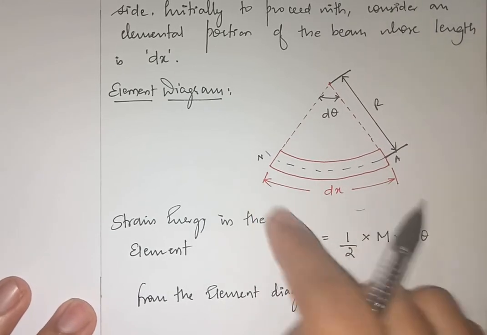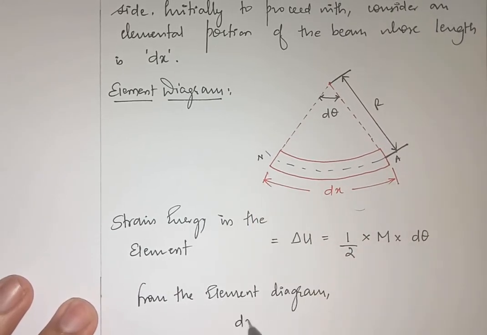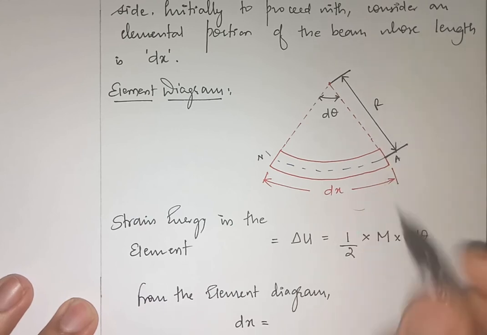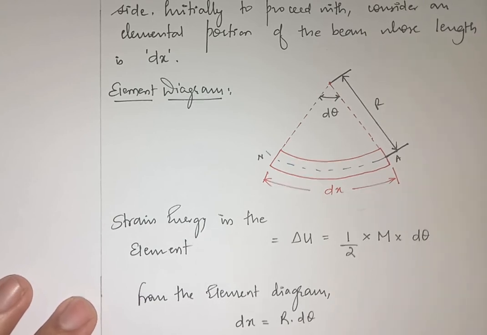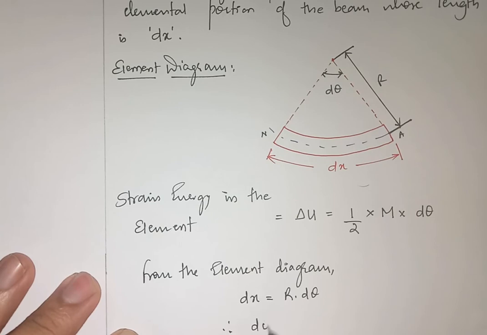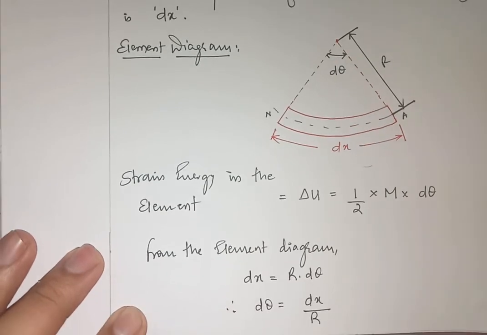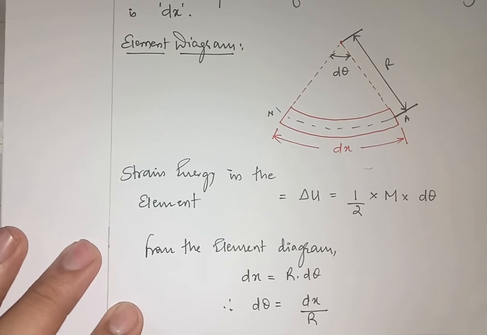So the length of the arc in this case, dx, is equal to R into d theta. I want to substitute for d theta. Therefore d theta is equal to dx divided by R.